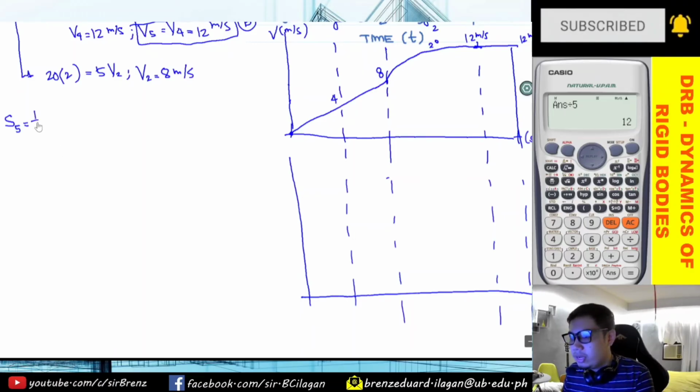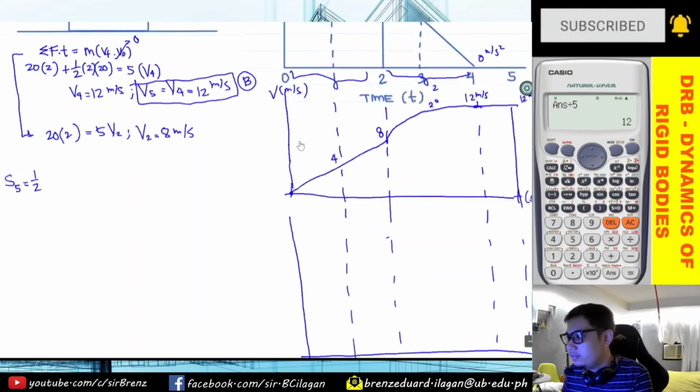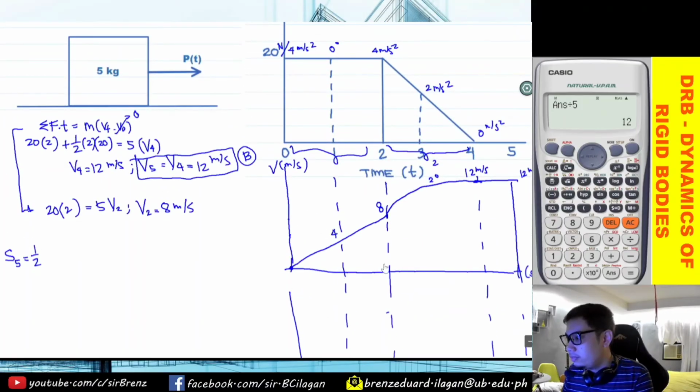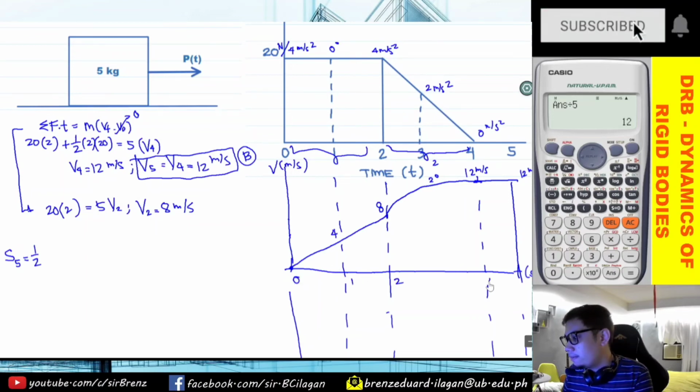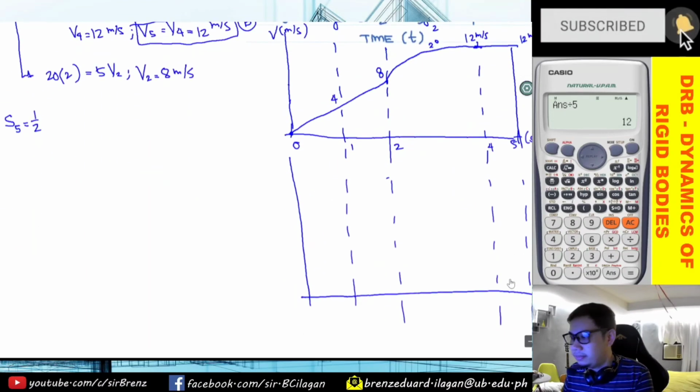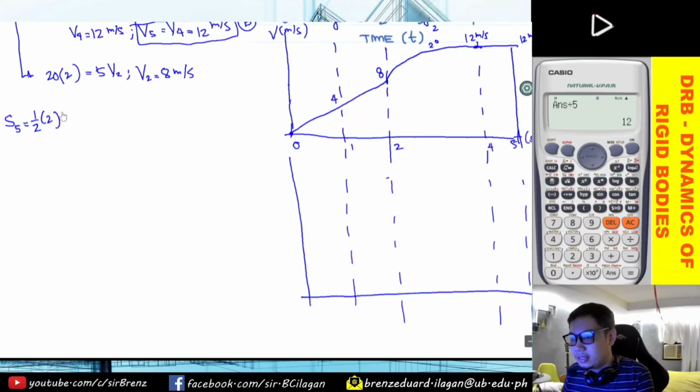So that will be 1/2 of first, ano ba daw? 1, 2. So 0, 1, 2, 4, 5. Okay? So that is just equals to 1/2 of the base na 2 and the height of 8.